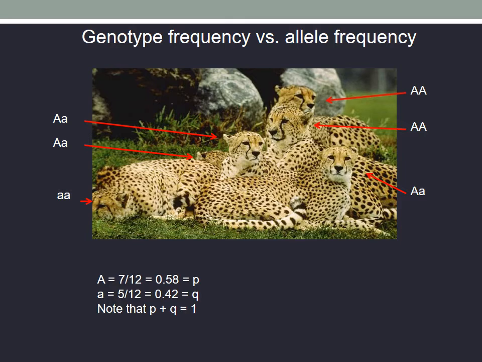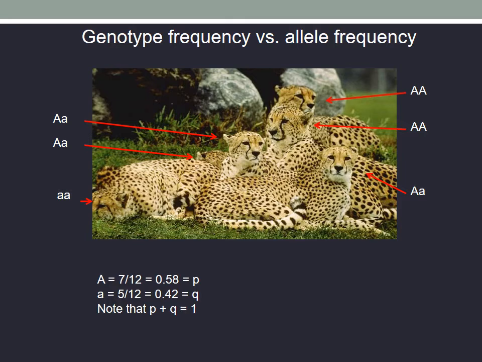You should hopefully be able to find them by looking at where the arrows are pointing. And in this, let's count. How many large A's are there? Hopefully you see that there are 7 capital A's. How many lowercase a's are there? Hopefully you're seeing that there are 5 lowercase a's.